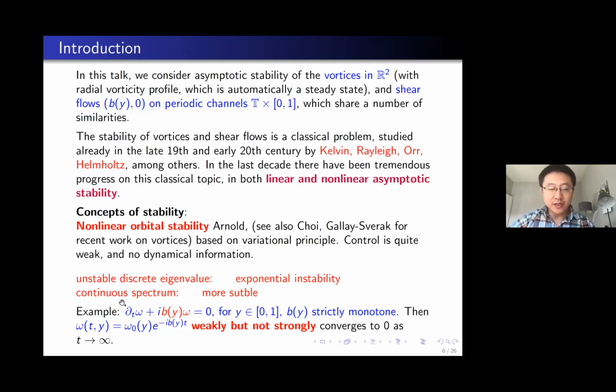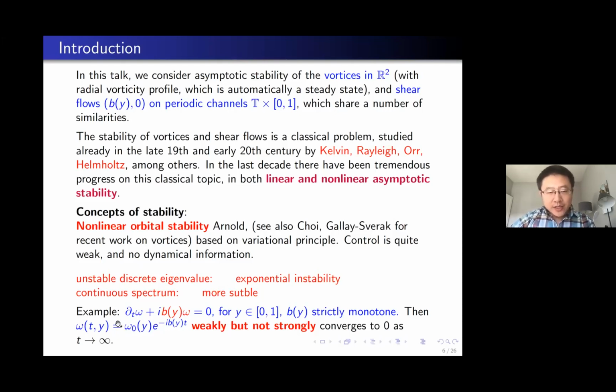Now this equation can of course be explicitly solved. You have the solution omega(t,y) given by omega naught (y) e to the minus i b t, right? This equation is explicitly solvable. Of course, if you study the spectrum of this operator, say from omega to b times omega, it has continuous spectrum from b0 to b1.